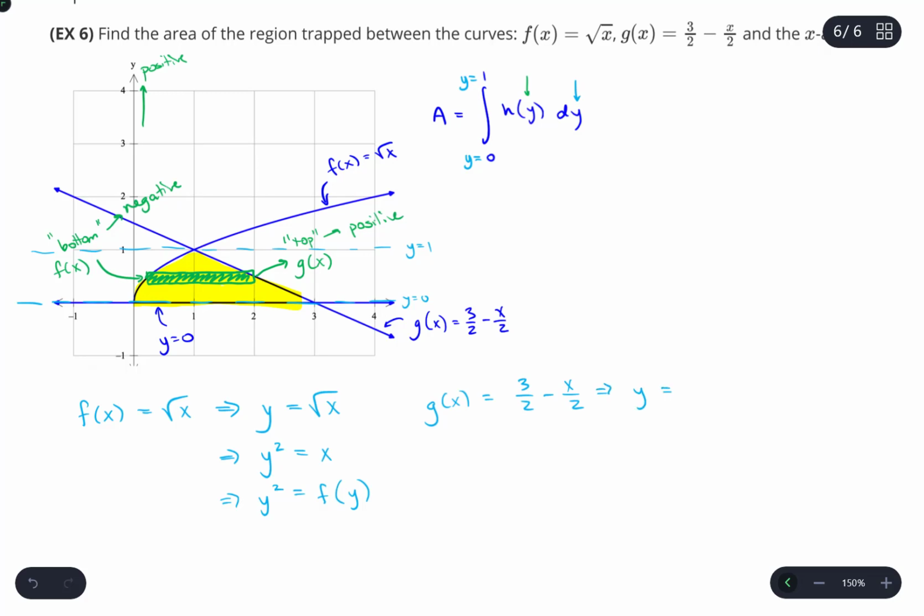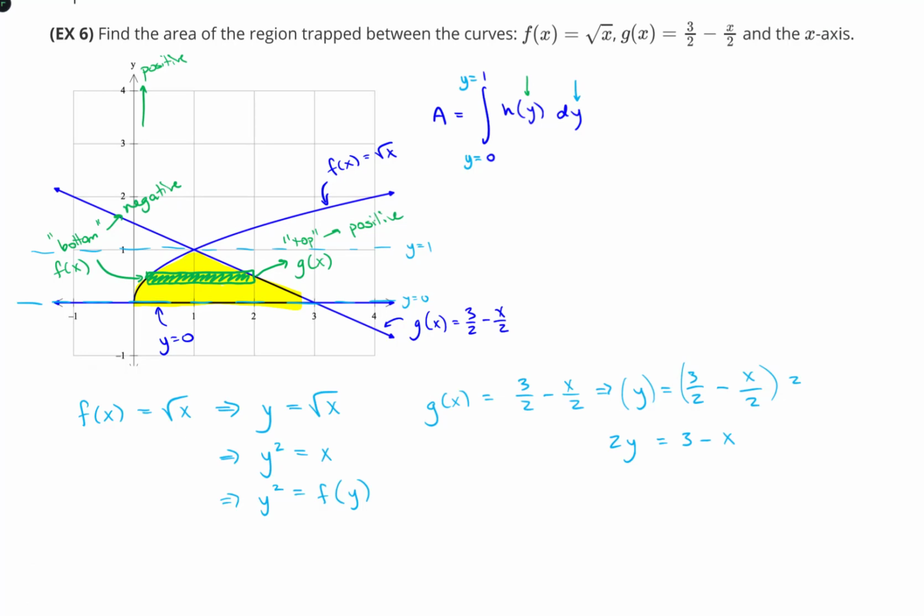And similarly, g of x, which is 3/2 minus x over 2, can be thought of as a function y equals 3/2 minus x over 2. And then if I multiply both sides by 2, I would get 2y equals 3 minus x. Subtracting 3, that would give me 2y minus 3 equals negative x.